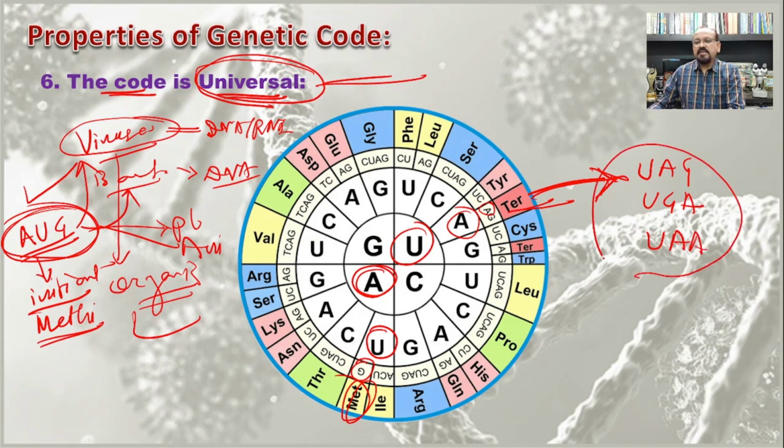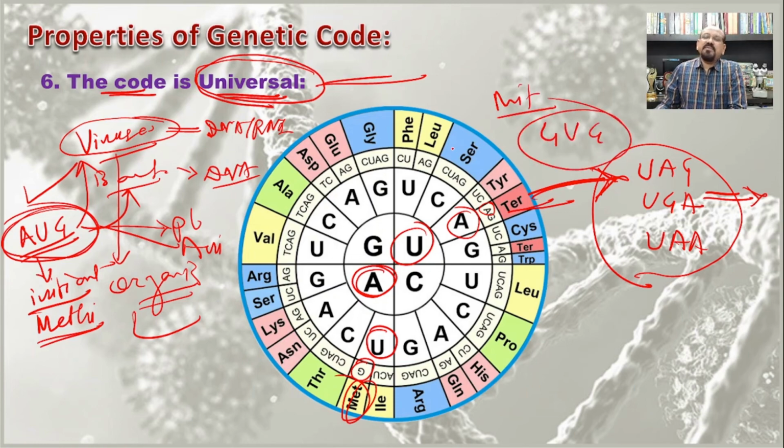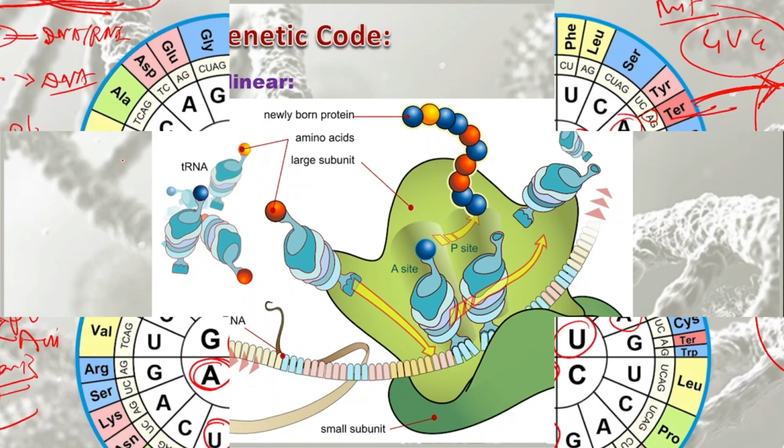So, these are the termination codons not in the one organism but in all the organisms, and hence here almost, that is nearly equal, because there are certain exceptions that I have told you. In the mitochondria, the GUG is an initiation codon. So, except such things, everywhere the meaning of the complete codon dictionary that is given here is the same, and hence it is known as the code is universal.